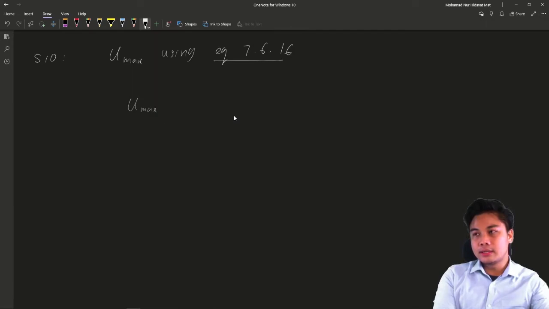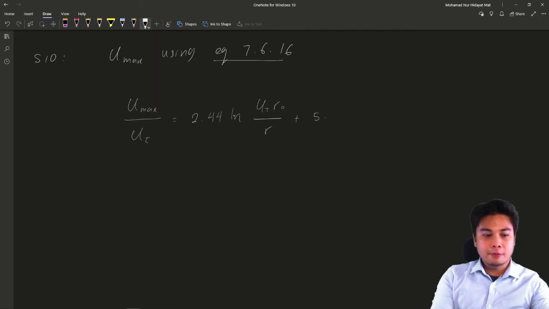You can refer to the Potter book: U max over U tau equals 2.44 ln of U tau R0 over nu, plus 5.7.